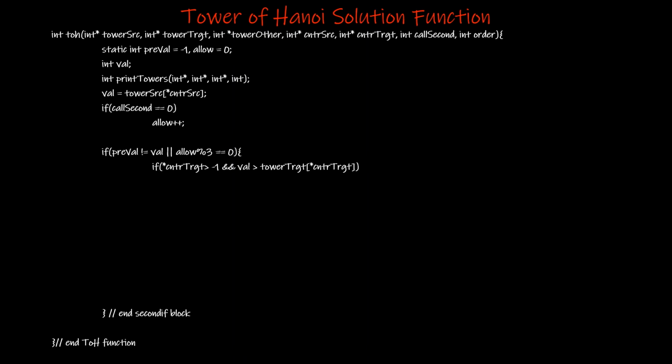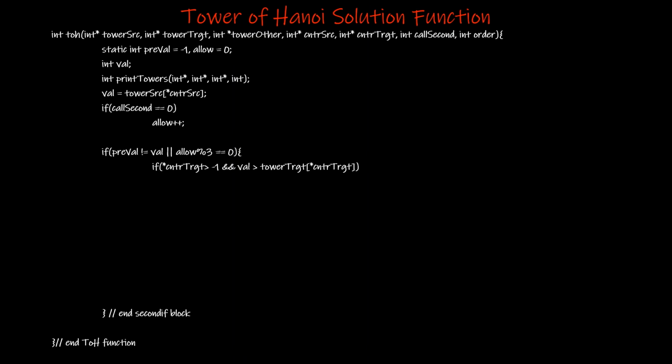Next, we check the value of counter target. If the target tower is containing any disk, if no, then fine, we have no issues. But if we have a disk at the target tower, according to one of the rules of the problem, we cannot have a smaller disk below the larger disk.